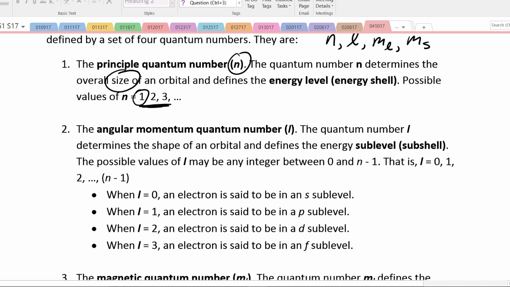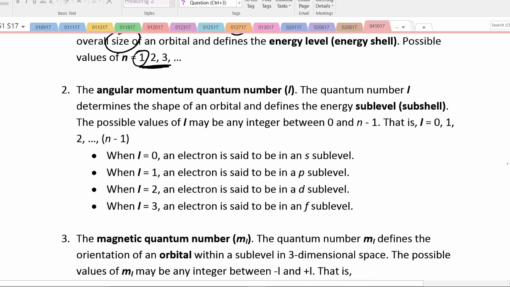The second set of rules here is for the quantum number l, which is called the angular momentum quantum number. And the angular momentum quantum number, this determines the shape of an orbital. It defines what we call the energy sublevel or subshell. And as is noted here, l can be any integer value that goes between 0 and n minus 1. And so what that means here, let's say that n is equal to 2.